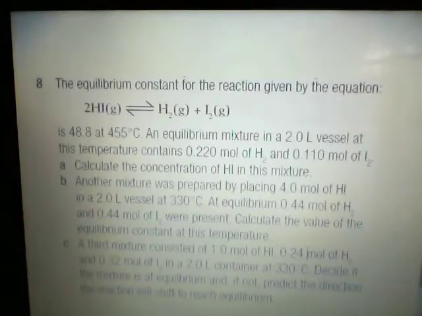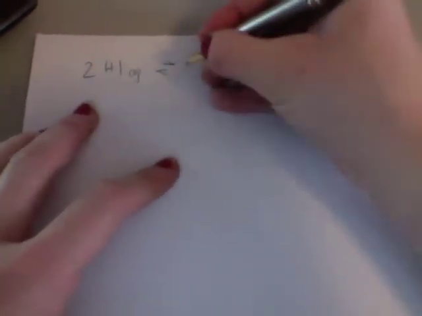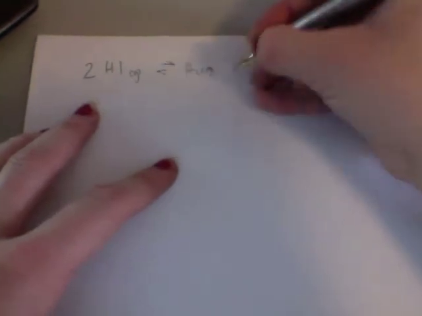The equilibrium constant for the reaction given by the equation is 48.8. I'm just going to start working it out. Just know that it's question 8 from your Heinemann textbook. So 2HI gas is converted into H2 gas plus I2 gas.